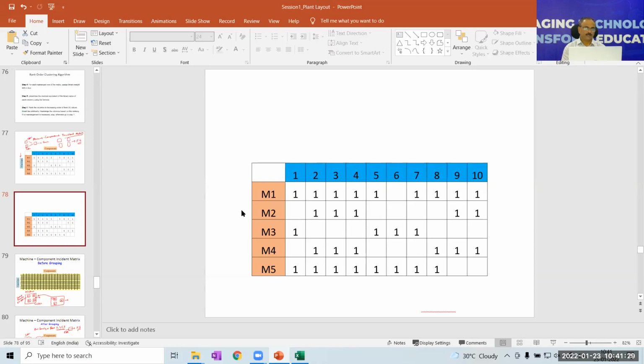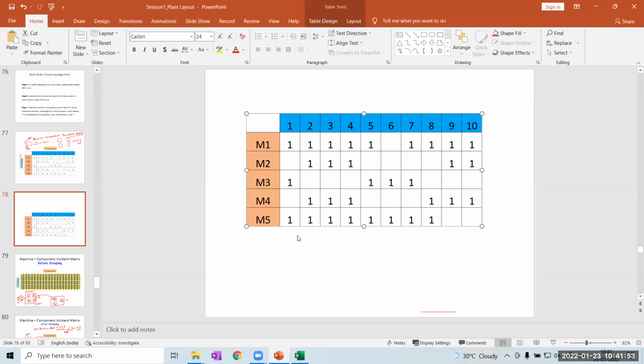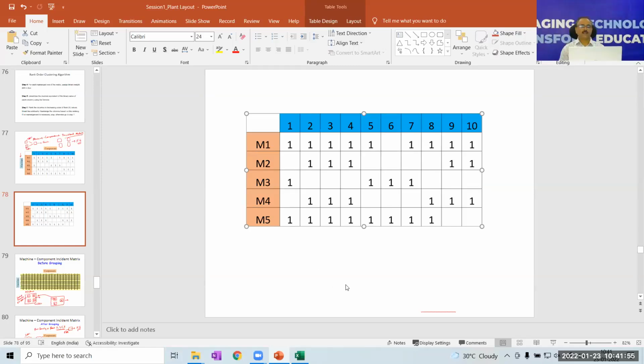So whatever you said about the effect on priority or the characteristic, it's not going to affect any kind of priority. It is only based on grouping of these components or parts. The objective is only to group the components, and for that the algorithm is using the binary weight characteristics.